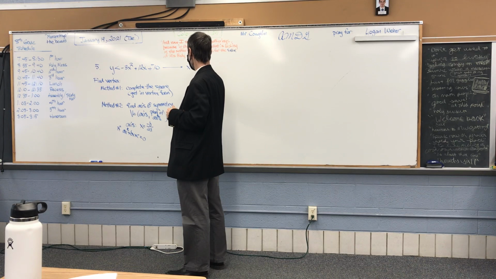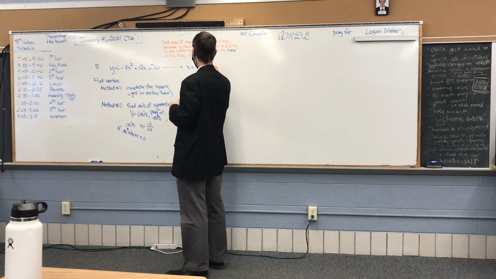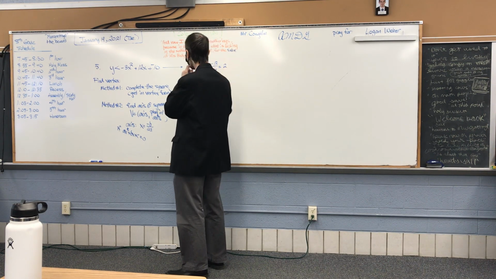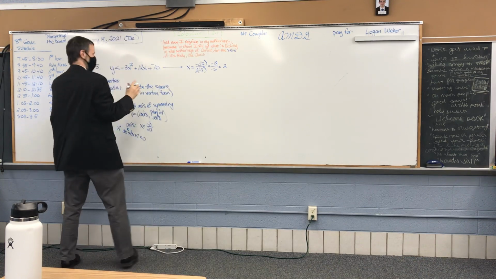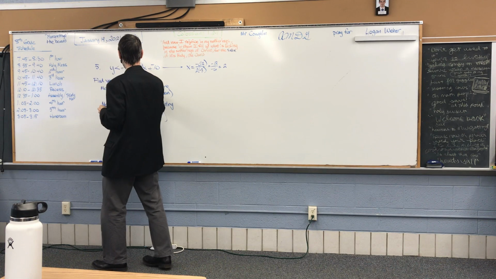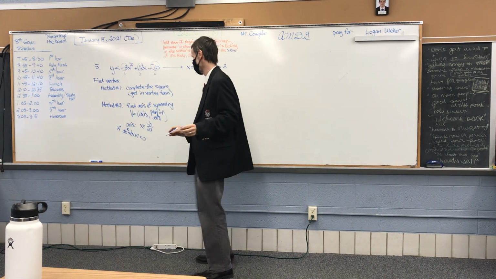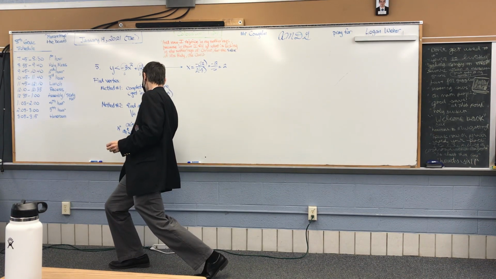It would be negative 12 over negative 6, making 2. Okay, so here's A, here's B, and here's C. So negative B over 2A. Might as well circle that or square it.